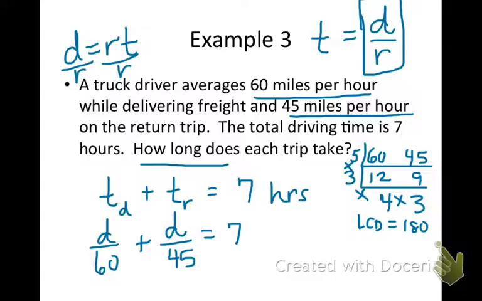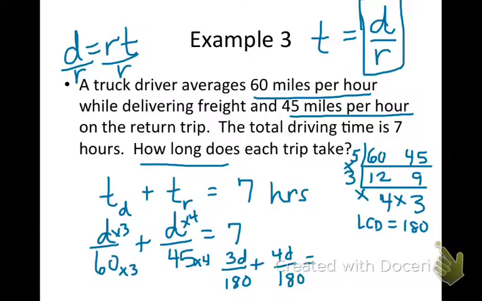So 60 times 3 gives me 180, so d times 3. So I get 3d over 180. And then 45 times 4 is 180, so d times 4, 4d over 180, and that's all equal to 7.